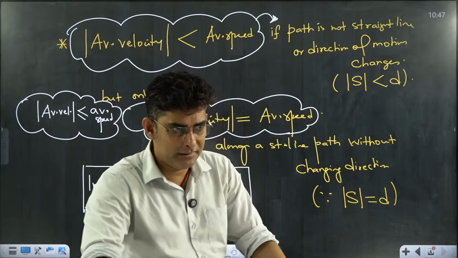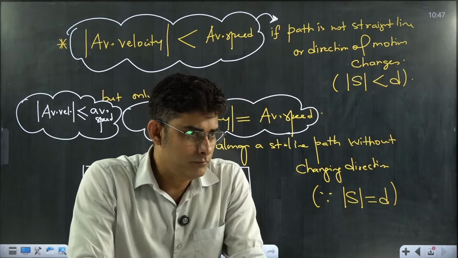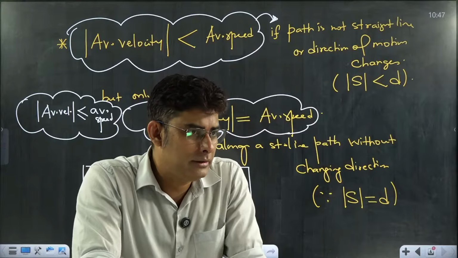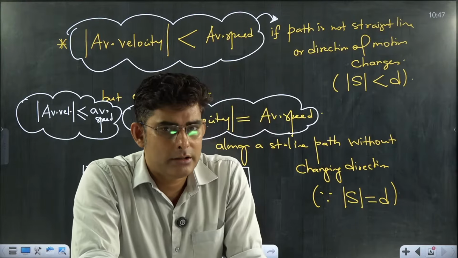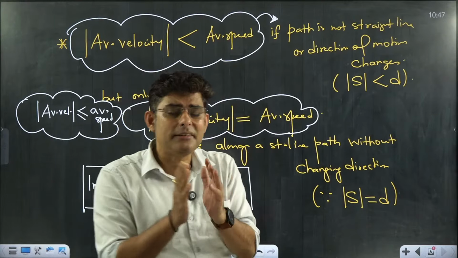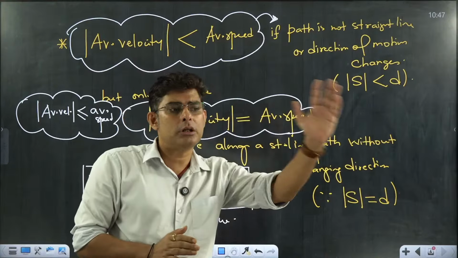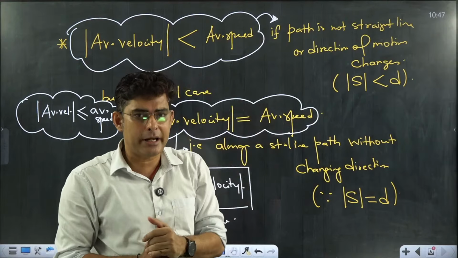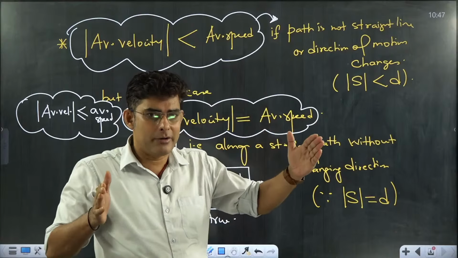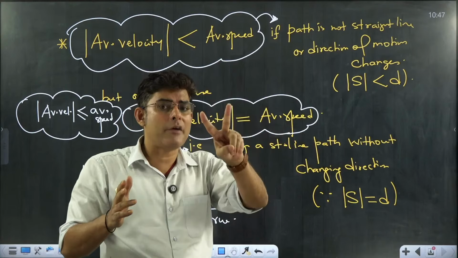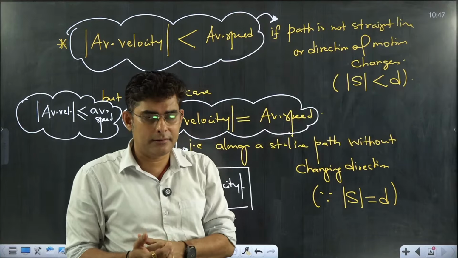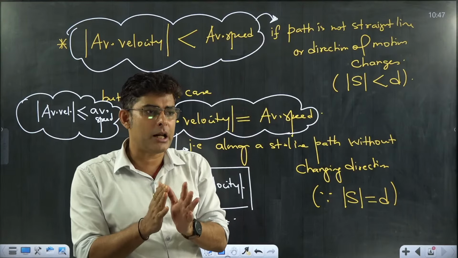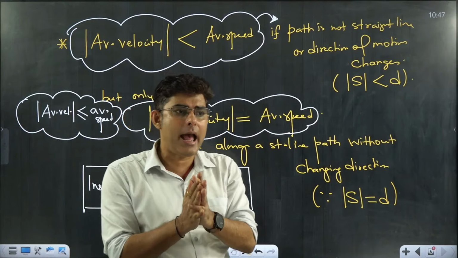Is it average or instantaneous? Correct, it is average. Why is it average? Because I calculated it by the total distance traveled divided by the total time taken. There is an interval, a gap of 2 hours, in which I covered this total distance. 100 kilometers in 2 hours, so it is my average.